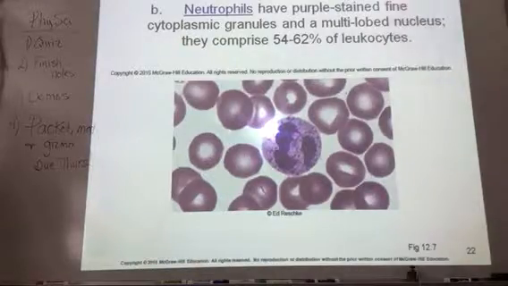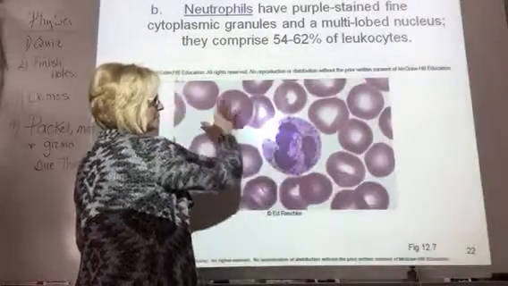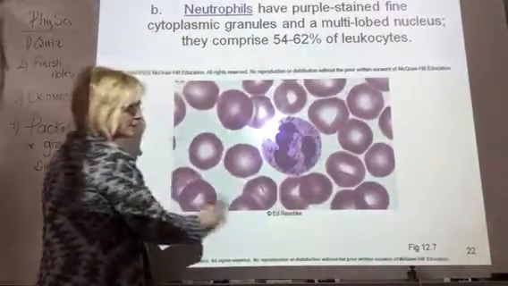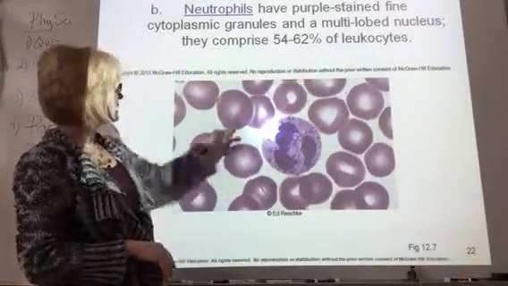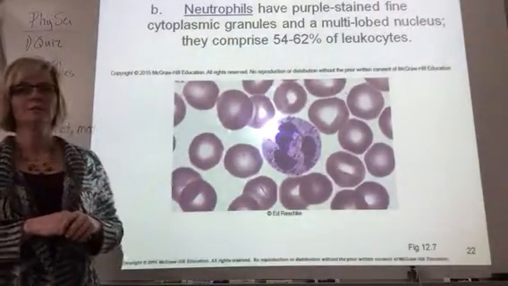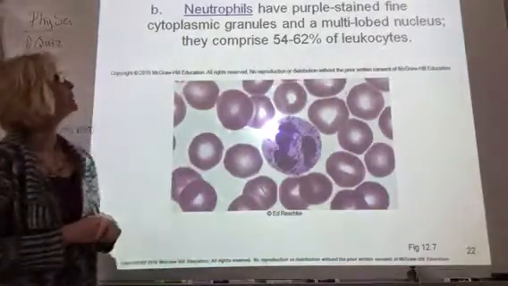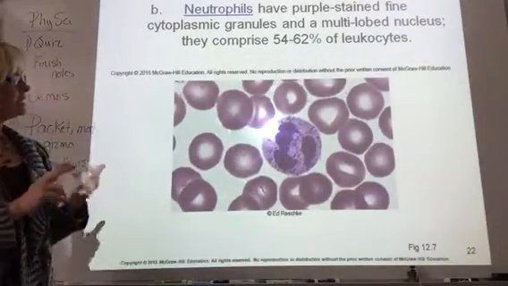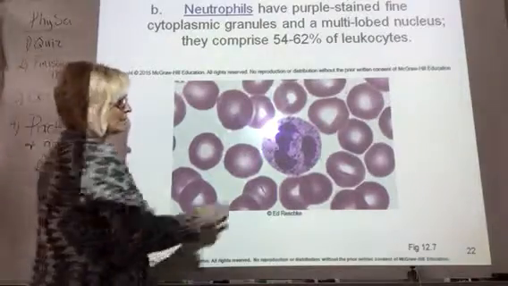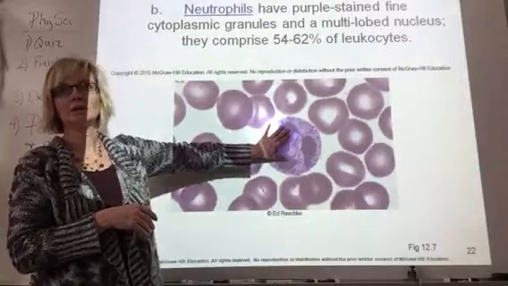Neutrophils, purple stain. So here you can see that very grainy appearance. All of these are red blood cells. As they're aging, you can see they get clearer and clearer in the middle, which is also why they become brittle. But here I can see that grainy appearance. And a neutrophil is typically going to have a multi-lobed nucleus, and that will be a very dark color.